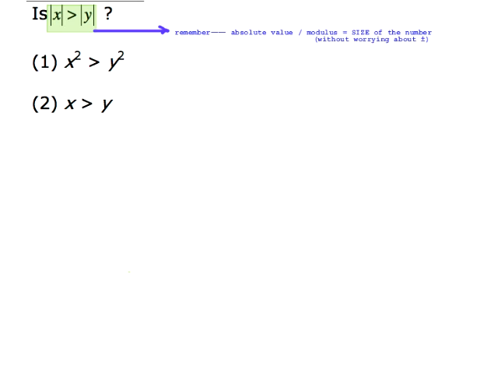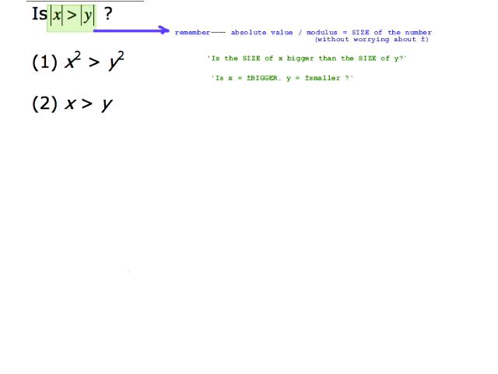So what this means is, is the size of x bigger than the size of y? In other words, is x plus or minus bigger, and y plus or minus smaller, is another way to think about that.